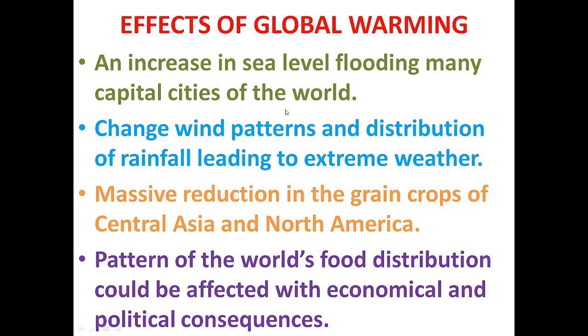To start with, the low-lying areas, and also many capital cities of the world, may be flooded. So an increase in sea level flooding many capital cities of the world could be the first effect.